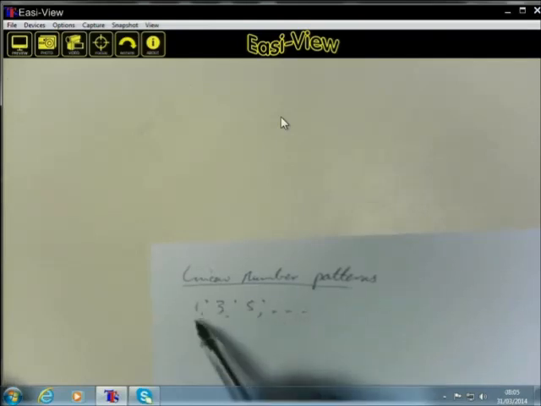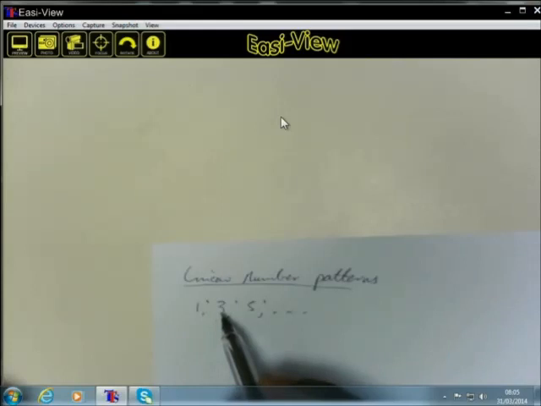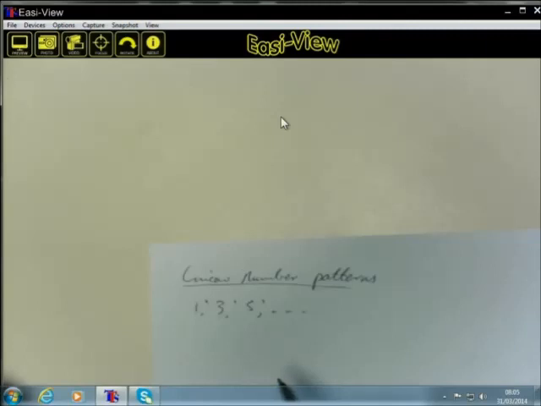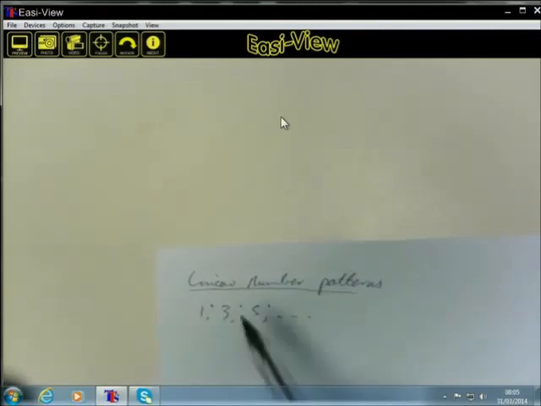When you look at this number pattern, you will realize that 3 minus 1 gives you 2, and 5 minus 3 also gives you 2, which means we have what we call a constant difference.